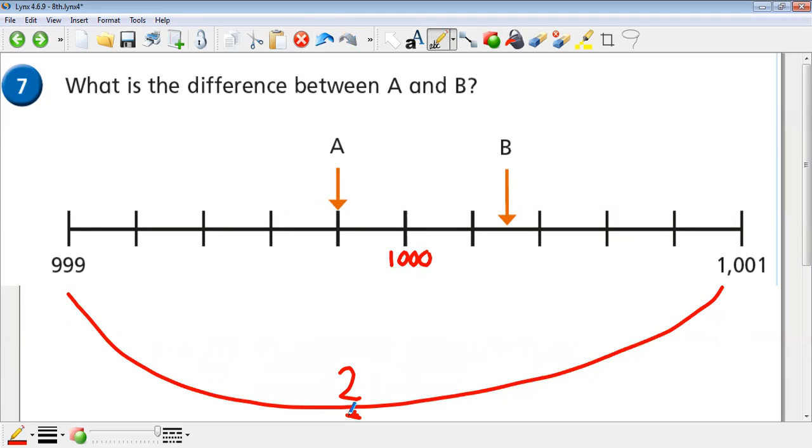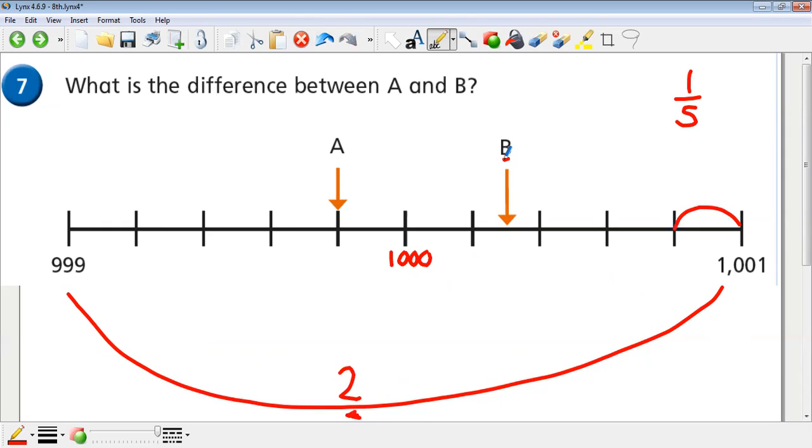Now, if we then look from 1,000 to 1,001, I've got 1, 2, 3, 4, 5 jumps. So each of these little jumps here are all worth a fifth because we split 1 into 5. But the problem we've really got here is this B is living right in the middle of these jumps. So we're going to have to know what half a jump is.